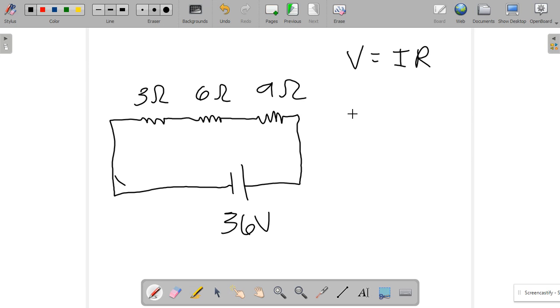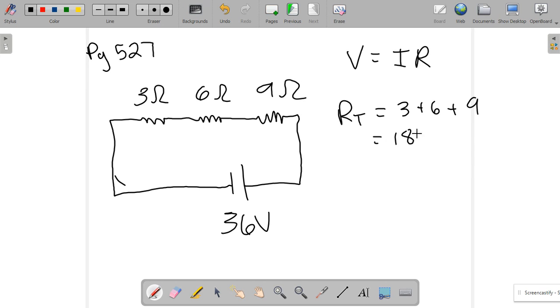It's basically going to explain what you have in your textbook on page 527, where it explains the voltage drops in series and how that works. Okay, so RT in this case is going to be 3 plus 6 plus 9, because they're all in series. So we have 18 ohms.